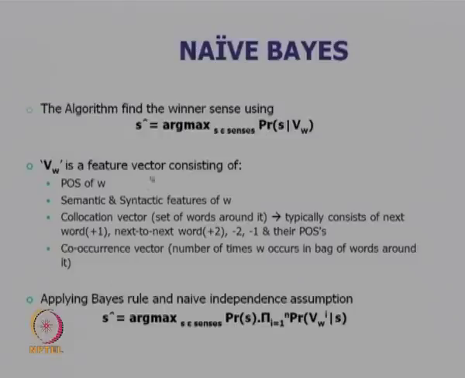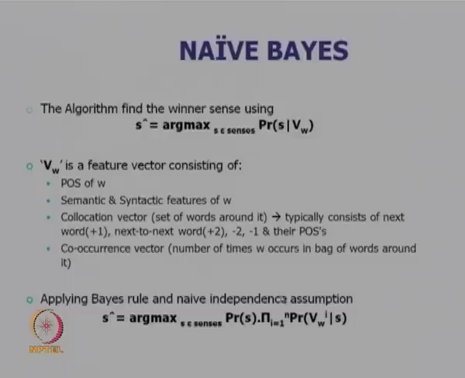So, if you look at the formula here now, S hat is equal to argmax S belongs to the senses of W. So, first I isolate the prior probability P(S), and then the vector is inverted, it becomes V_W given S. However, there is naive independence assumption. So, each feature now is converted into a conditional probability, okay, and that gives us the new formula.